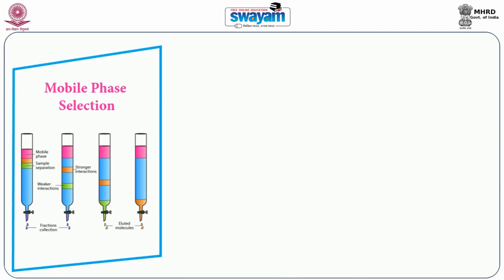So an ideal mobile phase should have all these properties, and as we said, the Prisma algorithm is often used to maximize and optimize the solvent strength and selectivity of the different solvents that will go in to make the final mobile phase. So the ideal mobile phase should not chemically affect or dissolve the stationary phase, which is understandable.